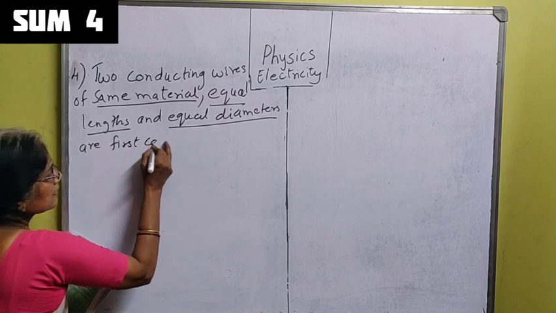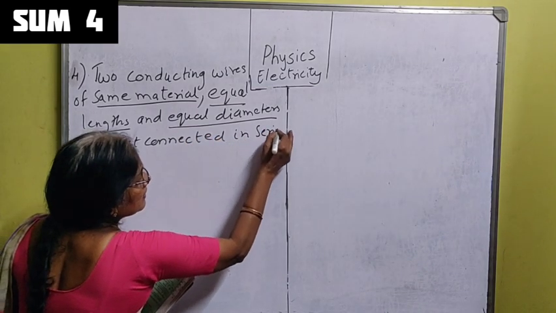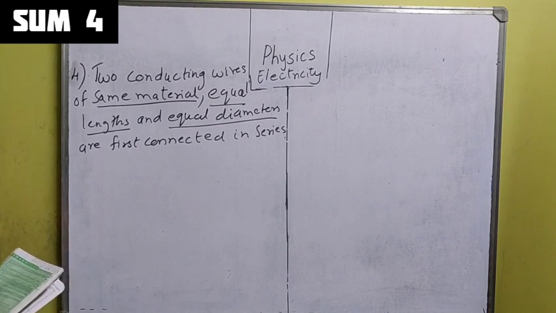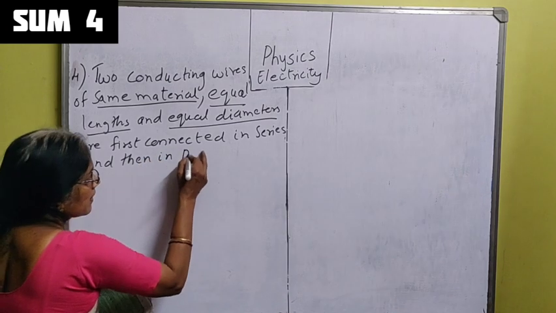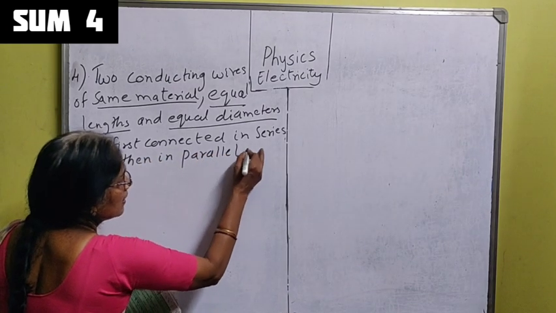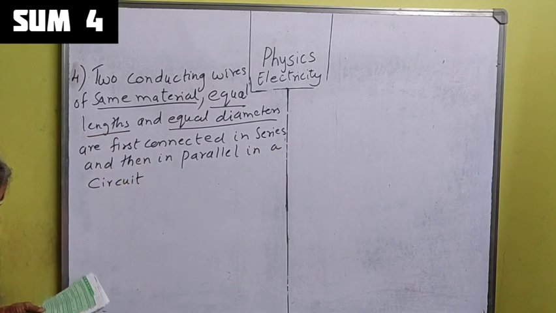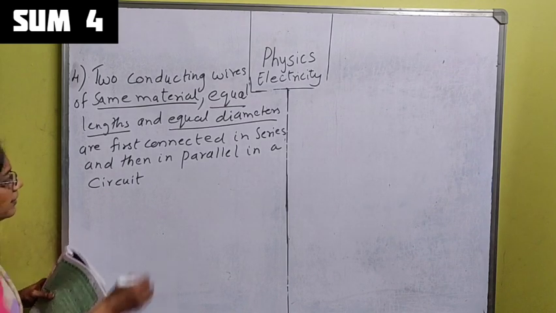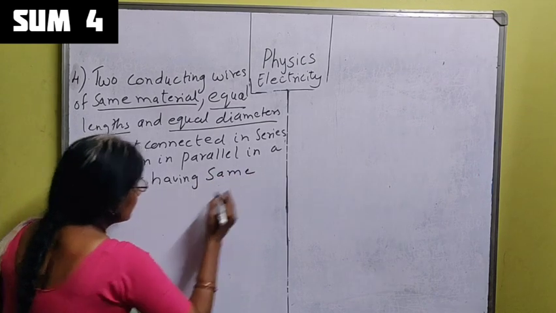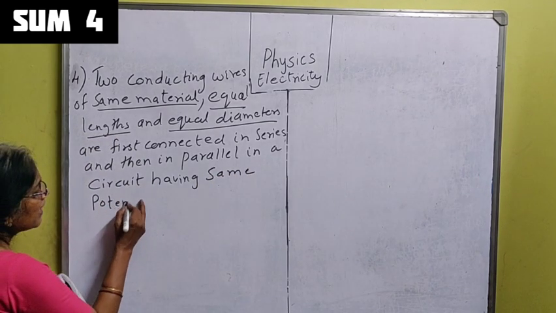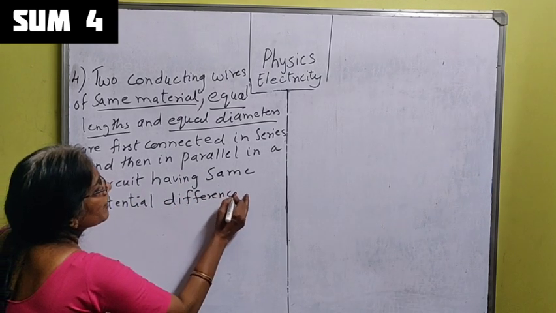Okay. Equal diameters are first connected in series and then in parallel in a circuit. Came to know? In a circuit having same, this is also very important, potential difference.